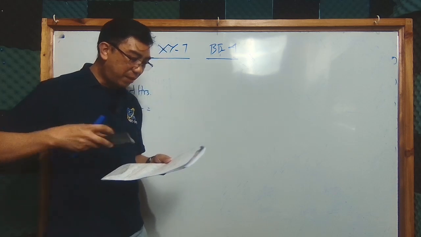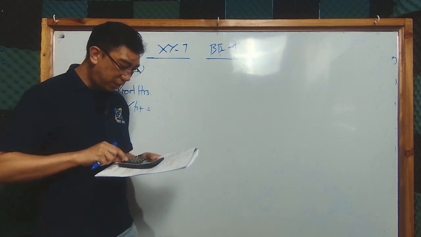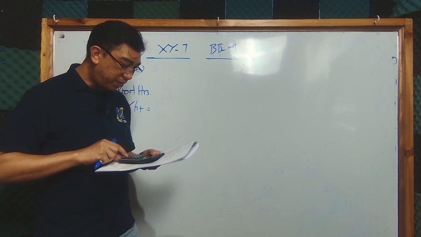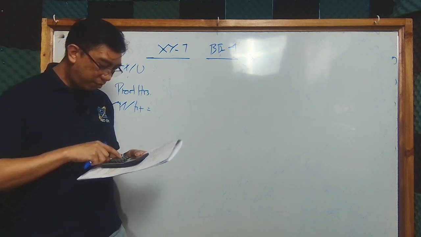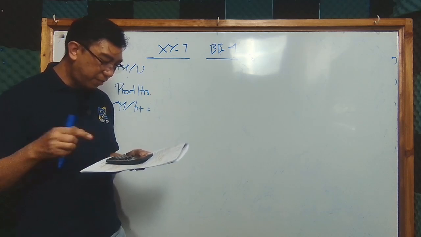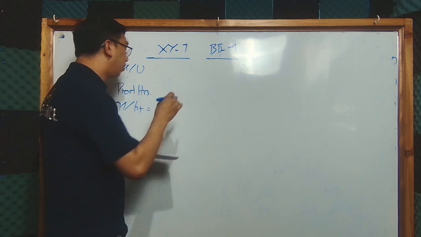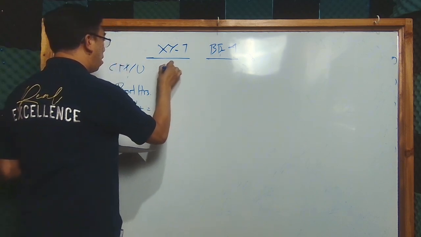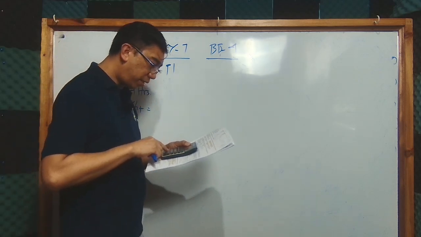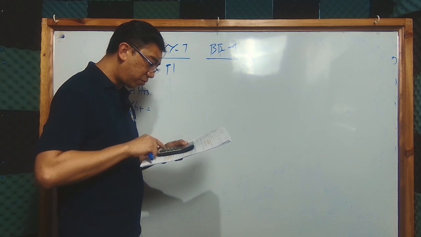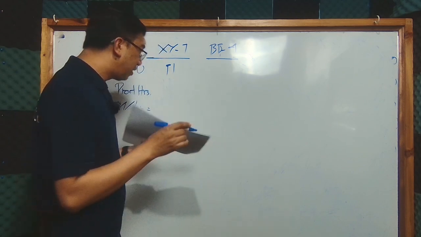Contribution margin, selling price of XY7, that is 4 pesos minus variable cost of 2 minus 1 will give us 4 minus 2 minus 1. Kinalculator pa talaga, 1 peso. Okay, that's 1 peso. And for BD4 naman, class, 3 minus 1.5 minus 1 will give us 50 centavos.